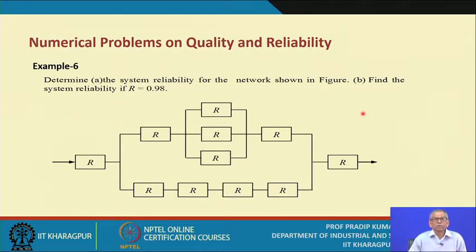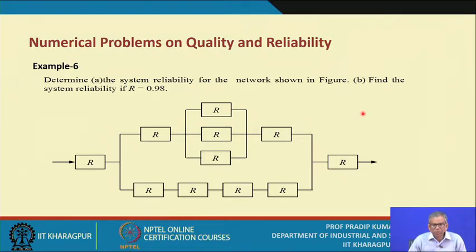Obviously, we have covered a large number of topics till date, and given a particular problem, you must understand which aspects of quality or reliability or quality and reliability this problem refers to.